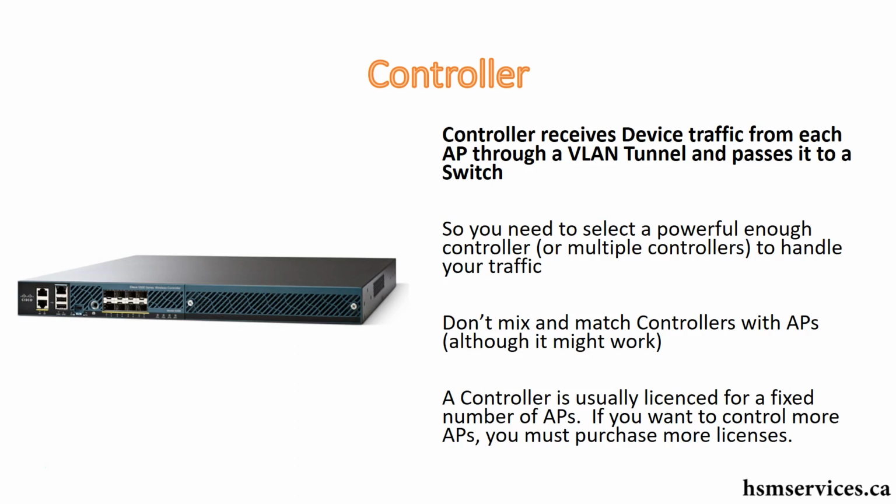All the traffic that hits the AP goes to the controller first over a VLAN, and I assume you know what a VLAN is. Then the controller takes the traffic that it received from the AP, strips out the management traffic, and sends the data from the user device to the switch.